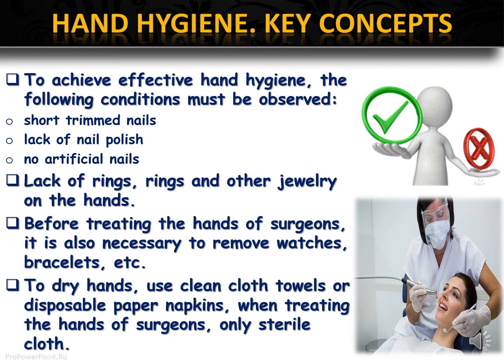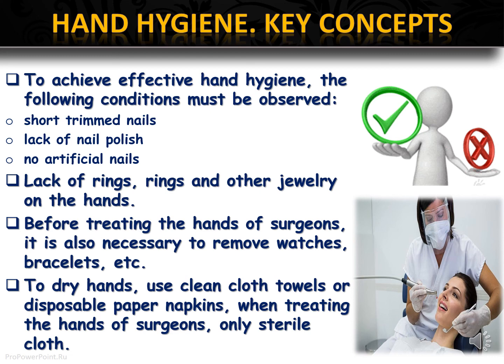When we describe hand hygiene, I want to highlight key concepts. To achieve effective hand hygiene, the following conditions must be observed: short trimmed nails, no nail polish, no artificial nails, and no rings or other jewelry on the hands.